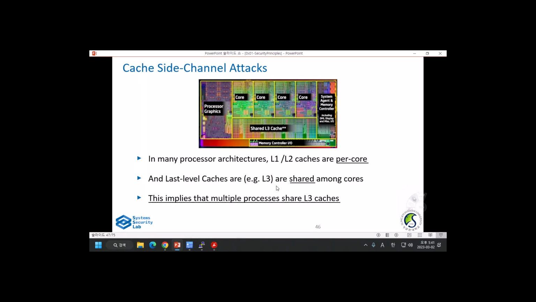These are all shared among the cores, right? So multiple processes share L3. But the bigger problem is, for instance, the cloud. Everyone's sharing this processor. So these multiple processes, they have different owners.